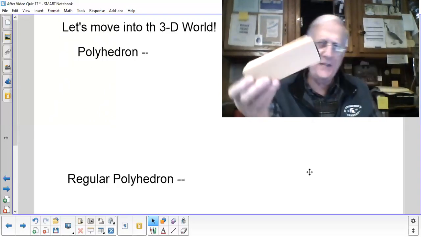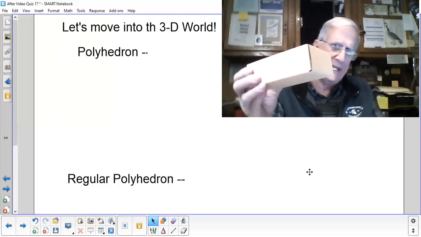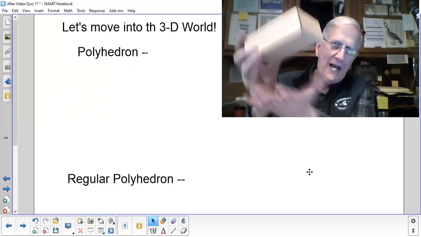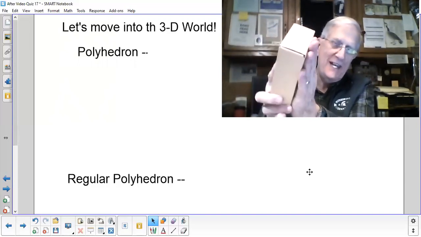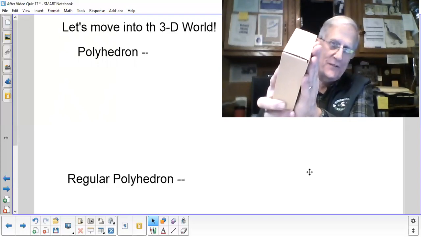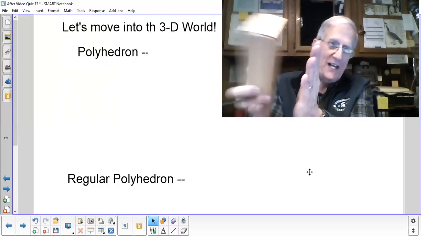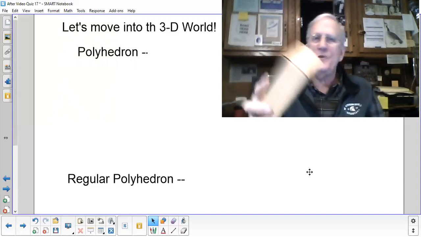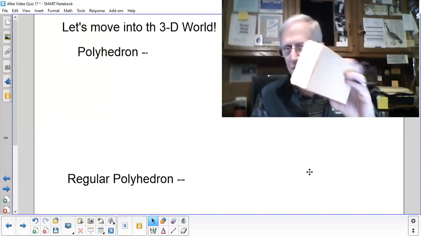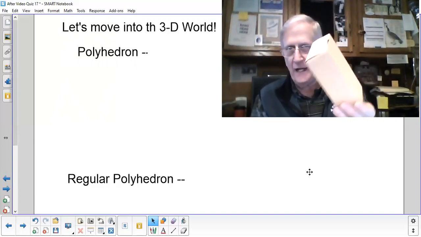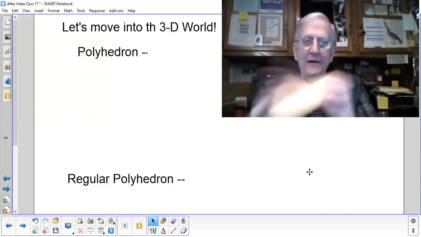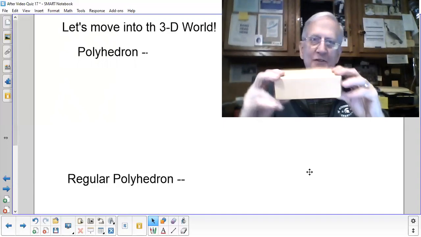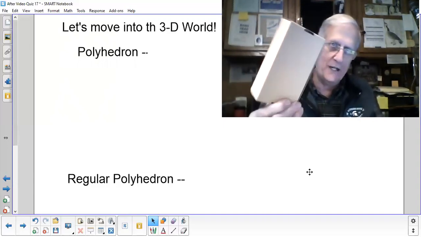And these are what we call polyhedrons because they can't lie on a flat surface. If my hand represents the flat surface, it can't lie on that flat surface totally because it sticks out of it, right? So if you have a polyhedron, such as this one, it has what we call faces and bases and all kinds of different stuff that we're going to be talking about.